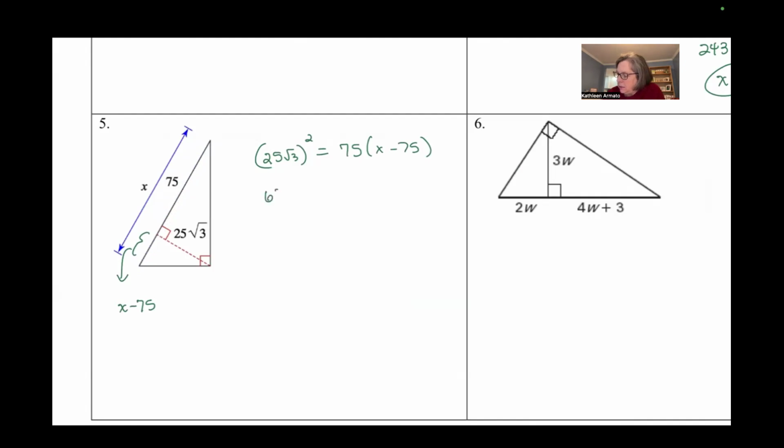All right, 625 times 3, when I square that, equals 75x minus 75 times 75, 5625. 625 times 3, 1875 equals 75x minus 5625.